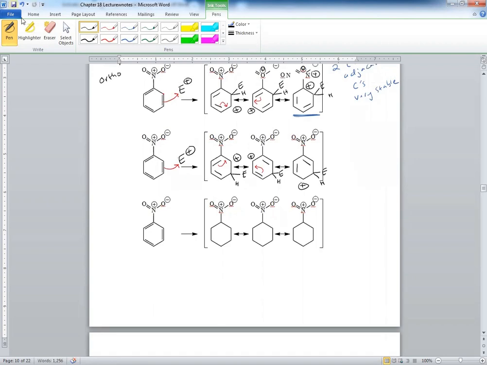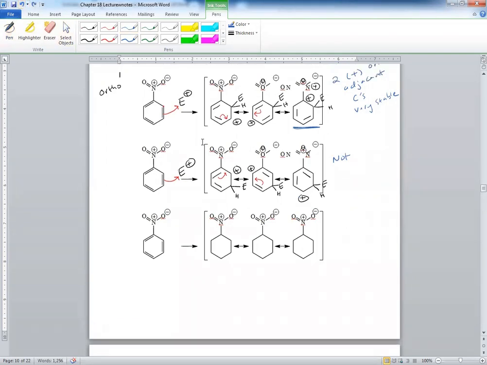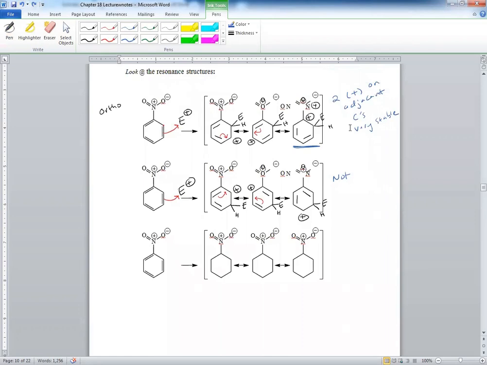So this one we can say is not as unstable, so it has a lower energy carbocation.